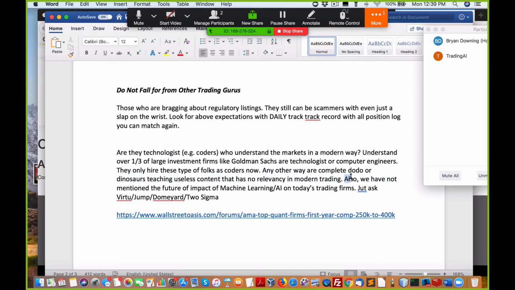And as time passes, we are now moving into the future, and even present day, and feeling the impact of machine learning and AI.